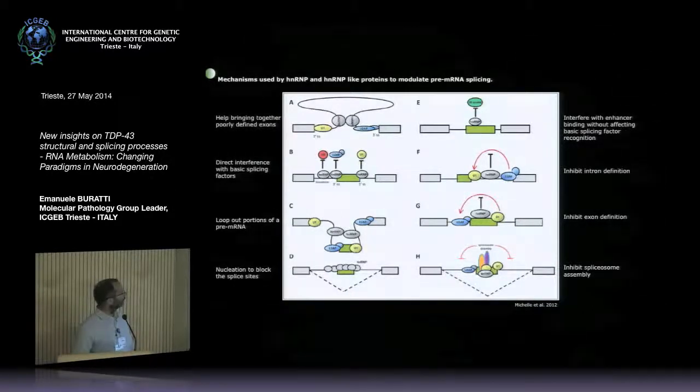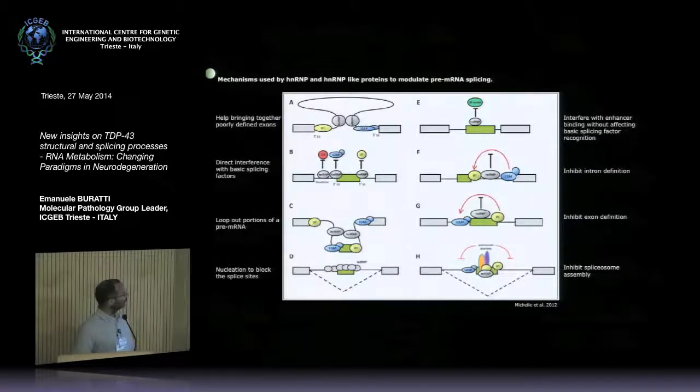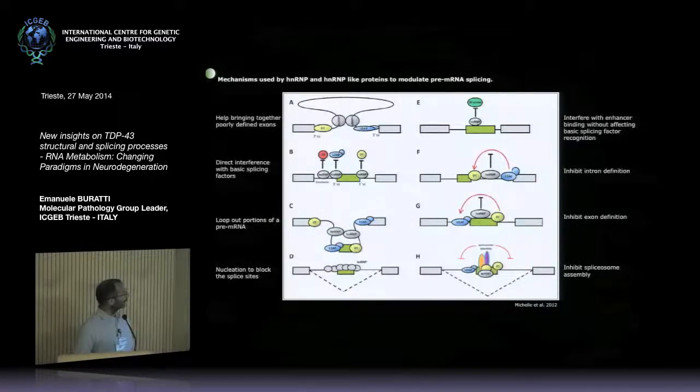So, like TDP-43, they could just bind in proximity to splice sites, and also HNRNP A1, of course, and all these other HNRNPs, they can bind in proximity to the splice site, and they can interfere with the binding or splicing of basic splicing factors. They can actually interact with each other to either loop out particular exons and cause them to skip, or actually to bring particular exons together and actually enhance their recognition.